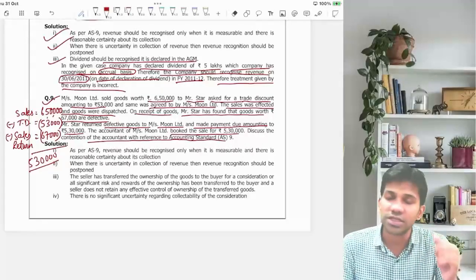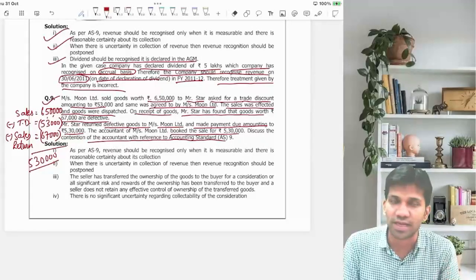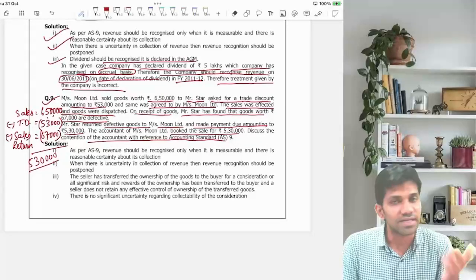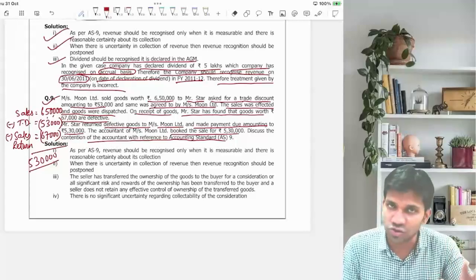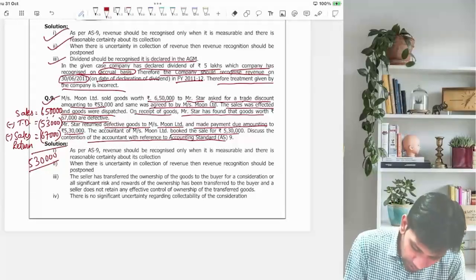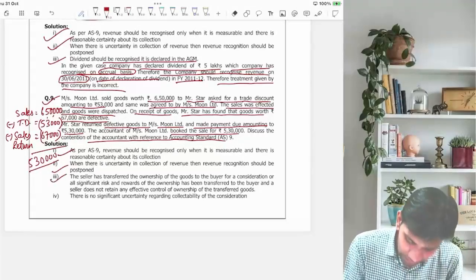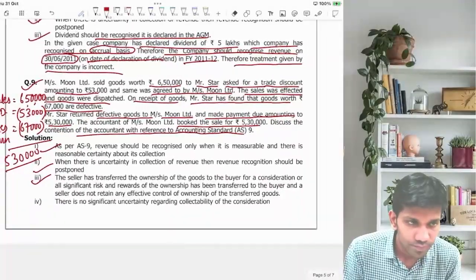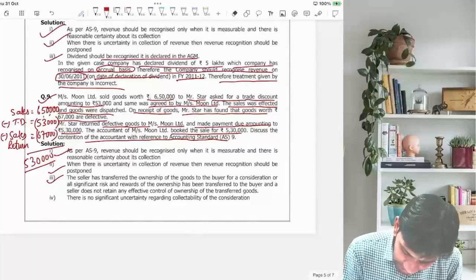Now guys, first is the golden provision. As per AS-9, revenue should be recognized only when it is measurable and when there is reasonable certainty regarding its collection. If there is uncertainty regarding its collection, revenue recognition should be postponed. So that is point number 1 and point number 2. Point number 3: the seller has transferred the ownership of goods to the buyer for a consideration.